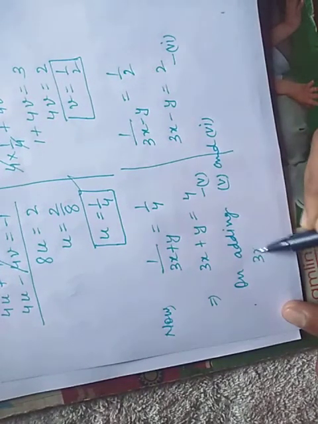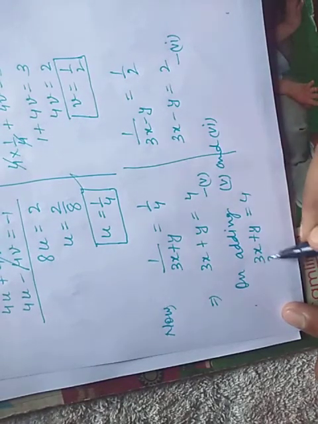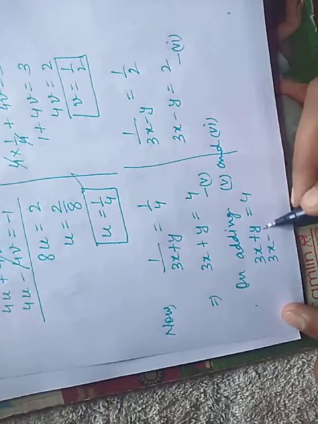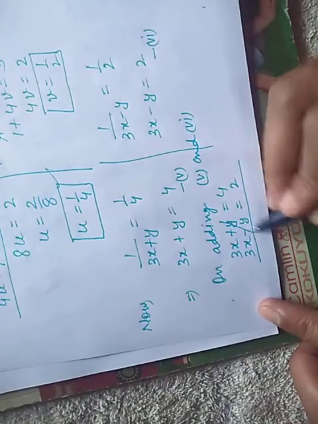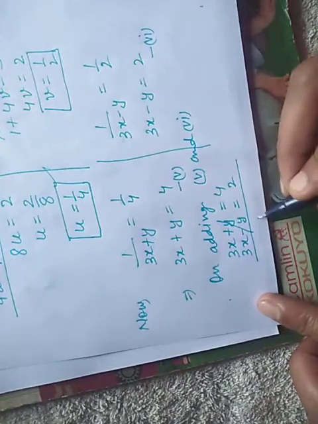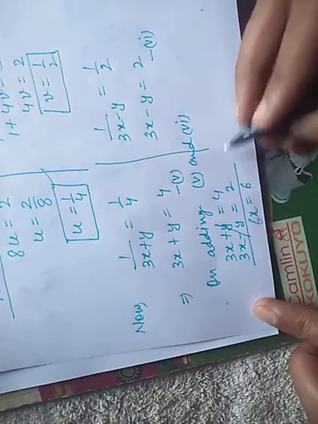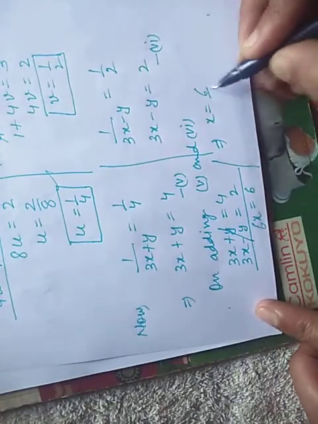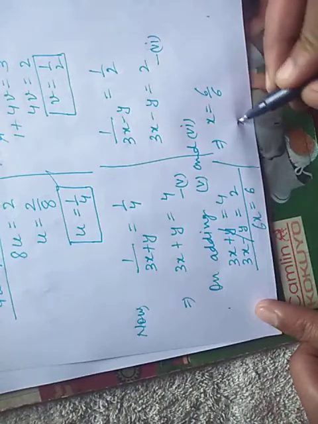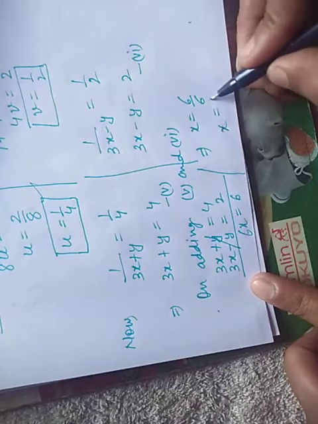We have 3x plus y is equal to 4, and 3x minus y is equal to 2. In case of addition, y will be cancelled, 3x plus 3x is equal to 6x is equal to 4 plus 2, 6, and it gives us the value of x is equal to 6 upon 6, and x is equal to 1.